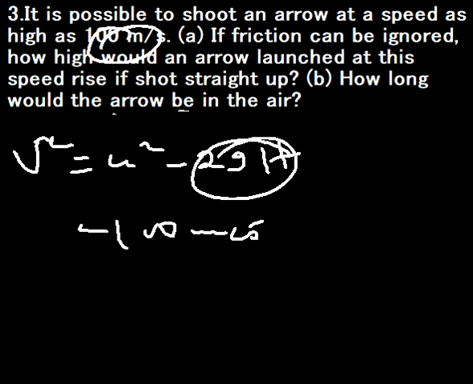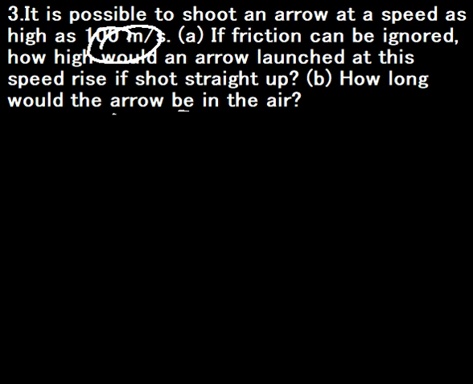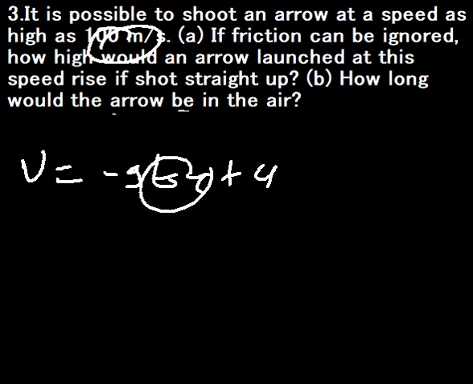Or else you could use this formula as well: v is equal to negative g d total plus u, where this d total could be obtained upon having the d total.